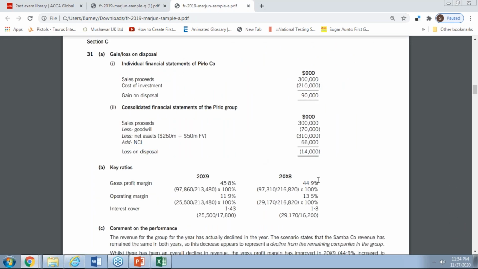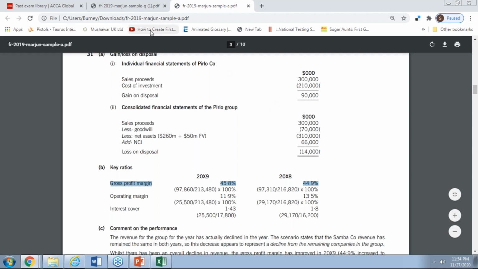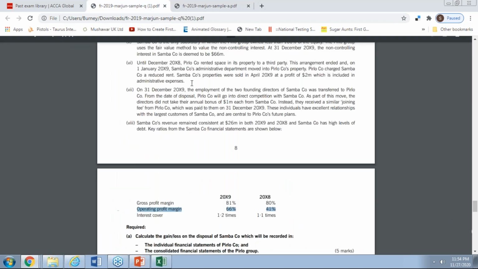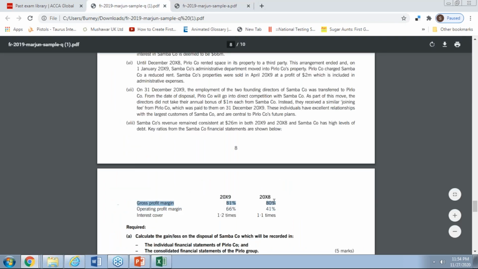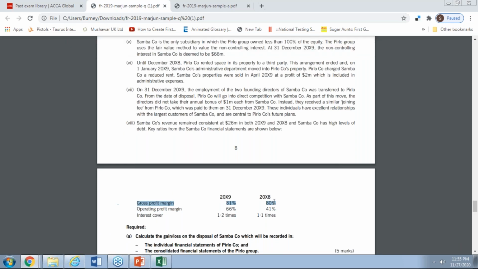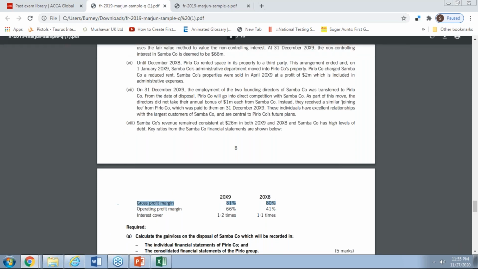Now you see the gross profit. When you see the gross profit percentage, it has increased slightly from 44.9% to 45.8%. But the Samba company is generating a profit of 80% and 81%, which is included in this profit.